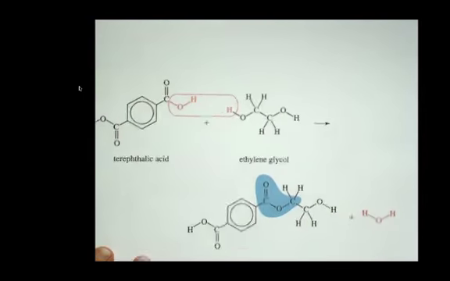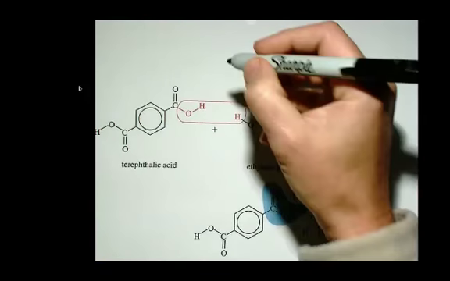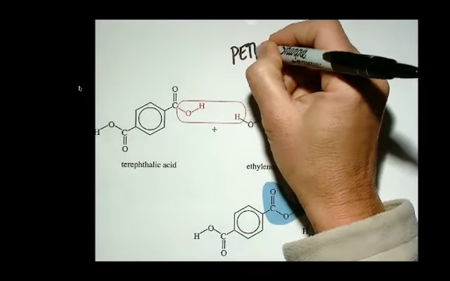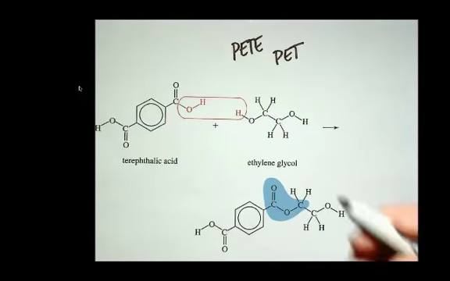Another synthetic condensation polymer that wasn't mentioned just now is the polymer Polyethylene Terephthalate. Sometimes it's abbreviated PETE, and sometimes it's abbreviated PET. It's the same thing.